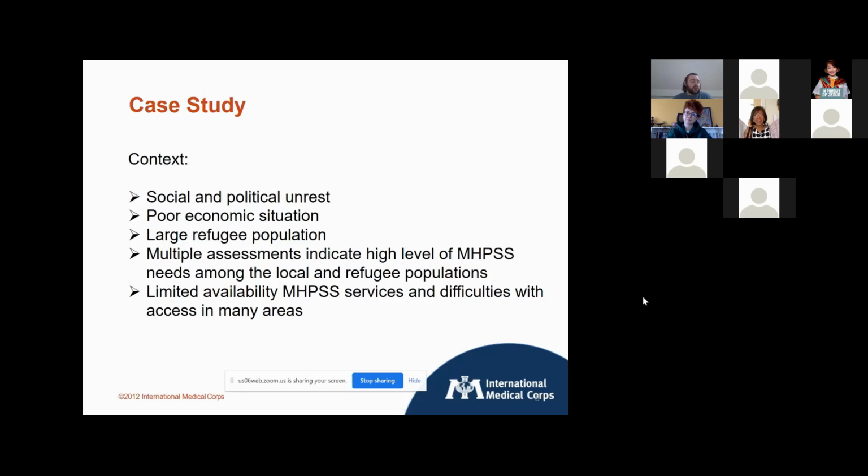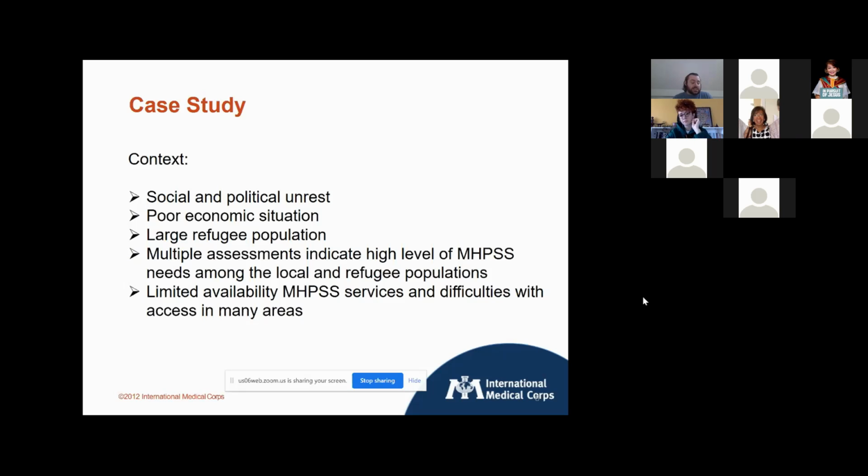However, there is a lot more work to be done to ensure that MHPSS services are available and accessible for the entire population. In general, MHPSS services are sometimes targeted at the refugee population or the local population, but more often than not, they are available for both, when they're provided and where they are provided.